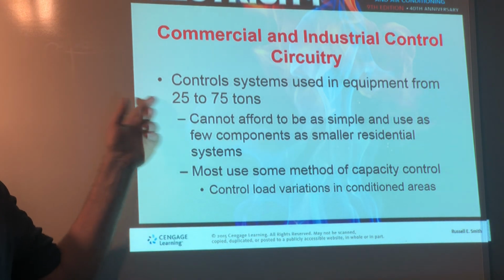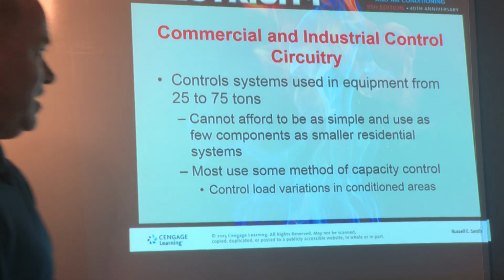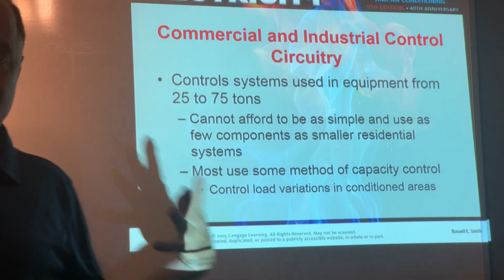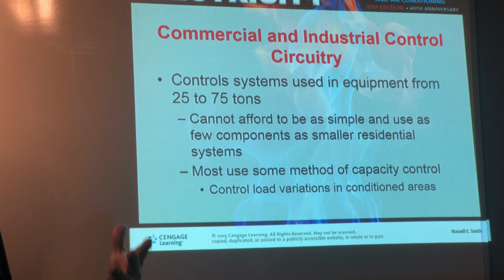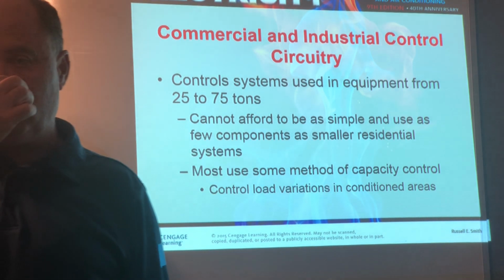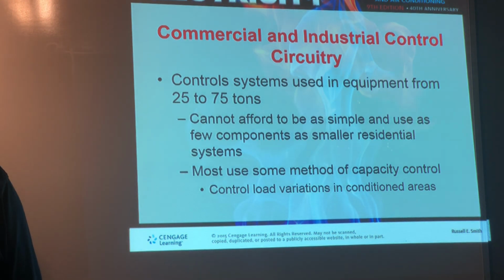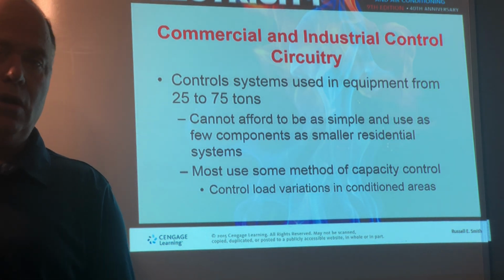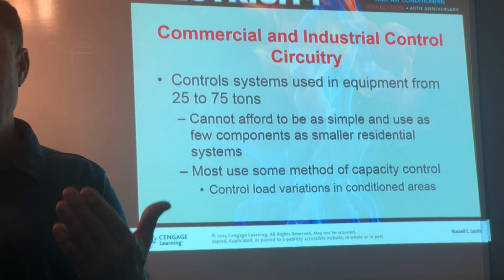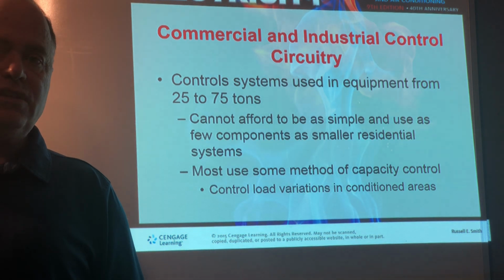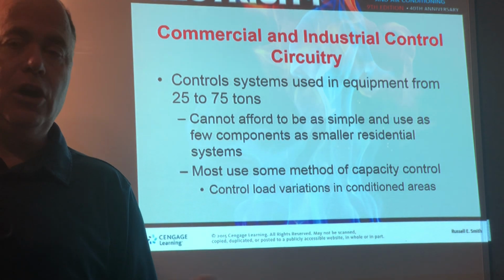Again, this can be much higher than what this number indicates here for commercial industrial controls. We have, like I mentioned, very large equipment. And again, this makes a good point about capacity control. We're always going to have some type of capacity control, and as time goes on, we have more and more capacity control with the compressors, the condensers and the evaporators, the airflow.